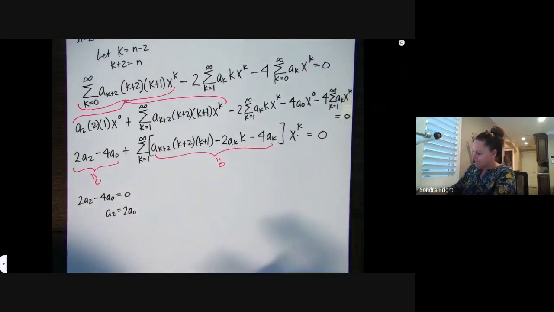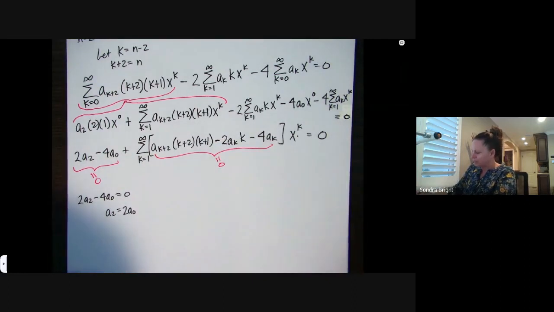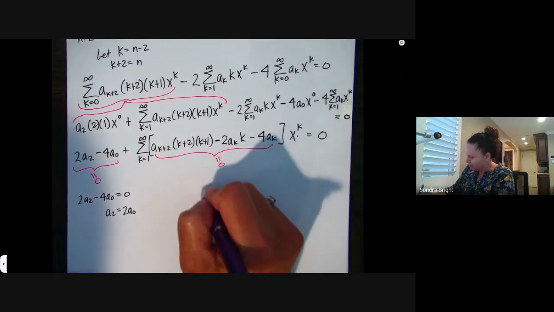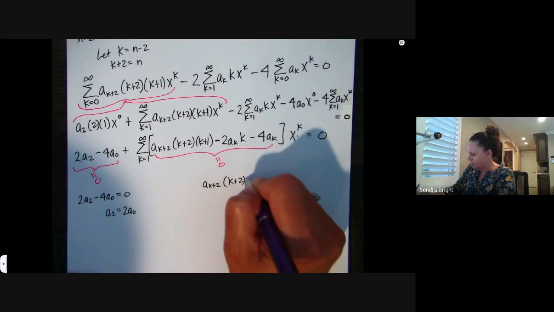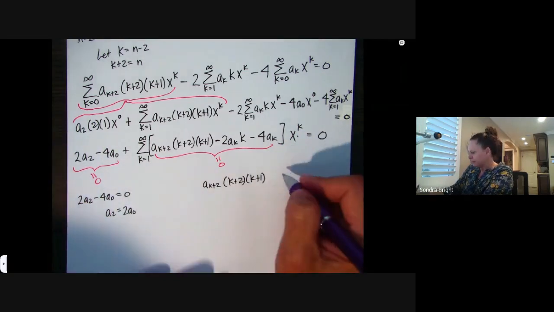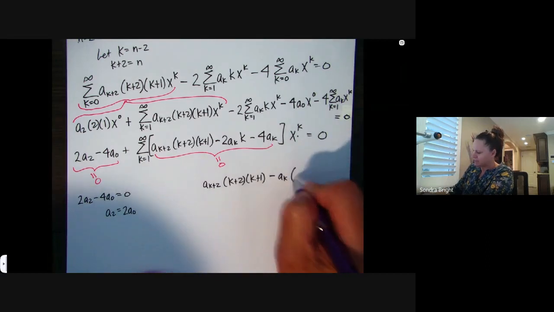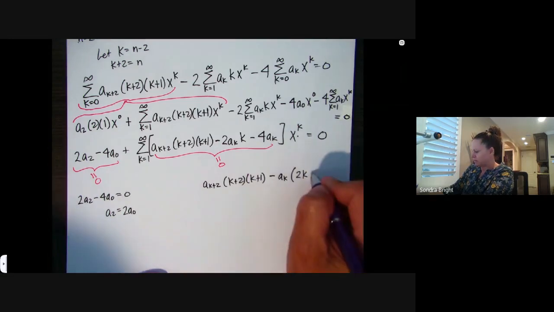Setting this guy equal to 0. Well, we should have cleaned it up a little bit. Both of these are a sub k's. So I've got a sub k plus 2 times k plus 2 times k plus 1. And then this is, how about a minus a sub k times 2k plus 4.